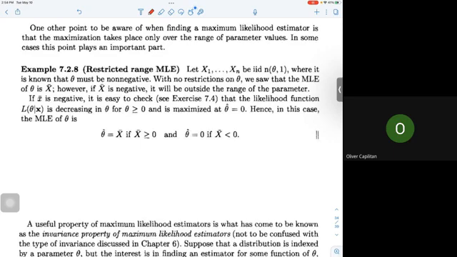So hence, in this case, the maximum likelihood estimator of our parameter theta is theta hat equal to the sample mean x bar if the sample mean is non-negative. But theta hat is equal to 0 if the sample mean is negative. Pwede natin ito ma-check, no? By looking at the graph of our likelihood function.